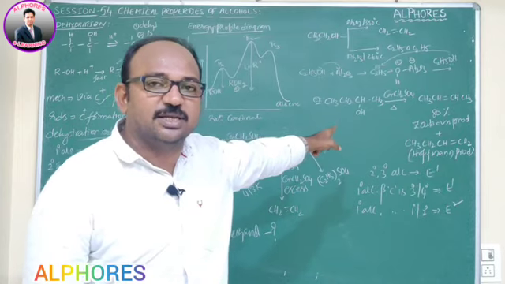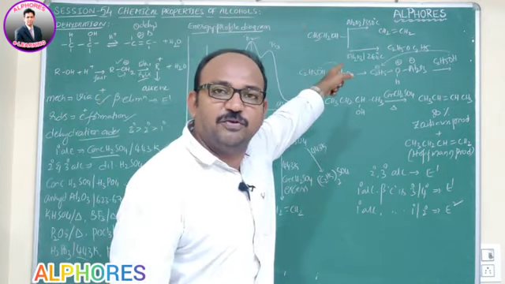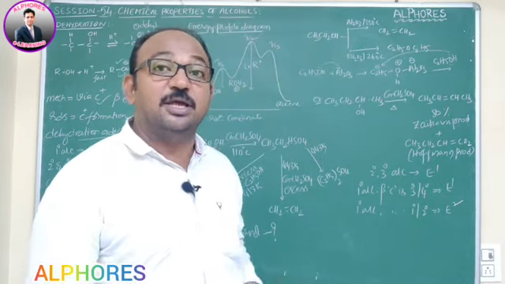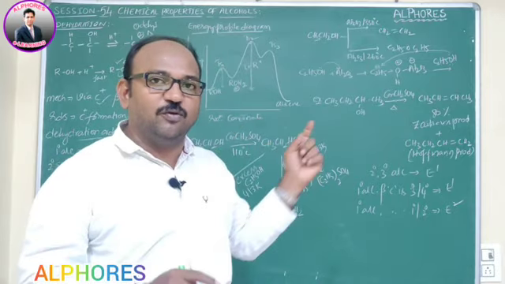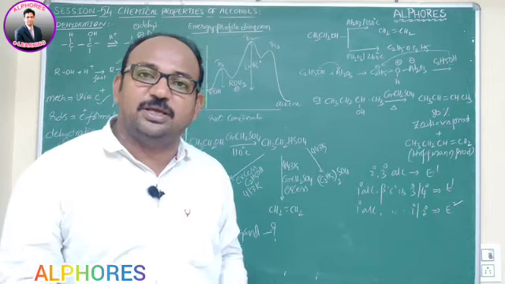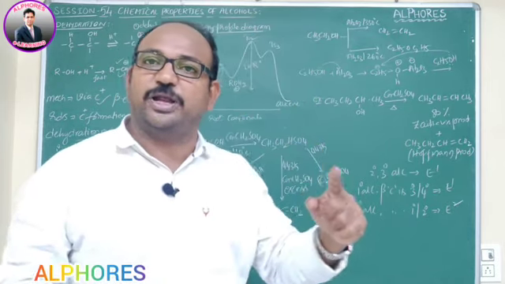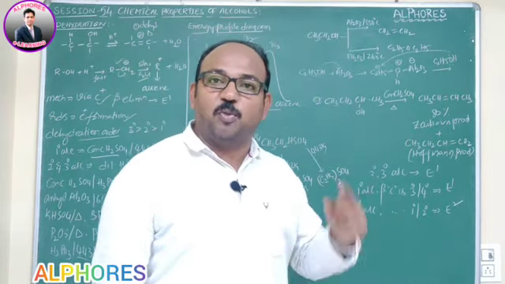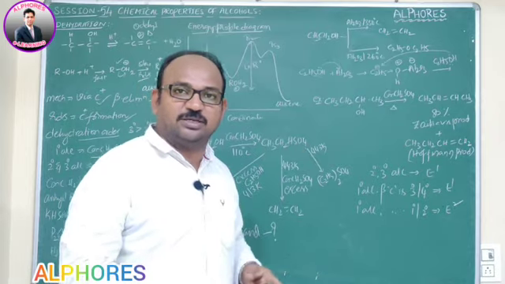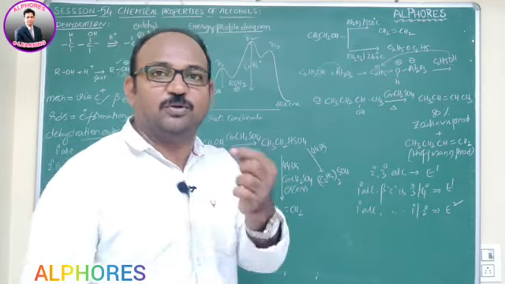At 260 degrees Celsius, the substitution product is the major product, and at 350 degrees Celsius, the elimination product is the major product. Remember that point. We will discuss later why, with increase in temperature, we get the elimination product as the major product. That point I already mentioned in previous sessions in E1, E2 elimination. If you do not remember, we are going to discuss that point again within 2 minutes.